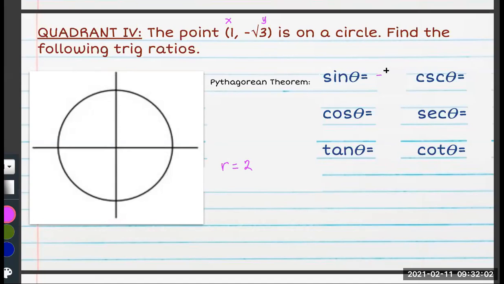So sine would be negative square root of 3 over 2, right? Cosine would be 1/2. Tangent would be negative square root of 3. Cotangent would be negative 1 over square root of 3. Secant is 2, and cosecant is negative 2 over square root of 3. Did everyone get this? Yes?